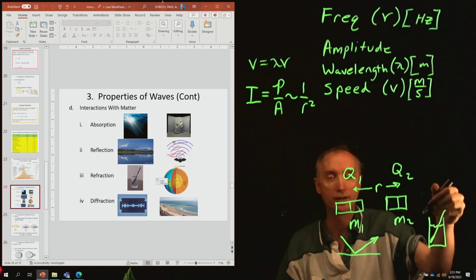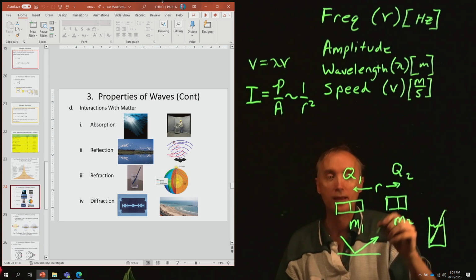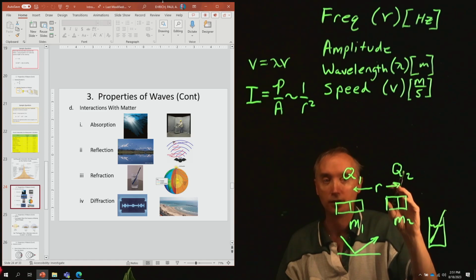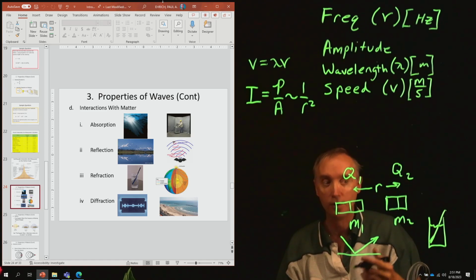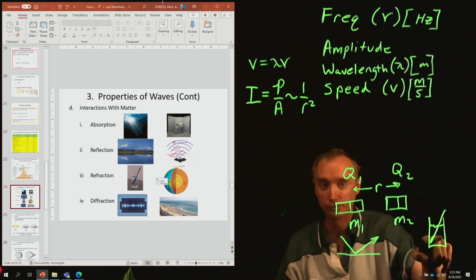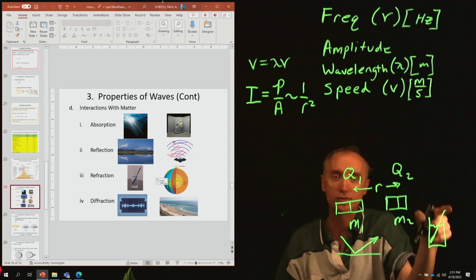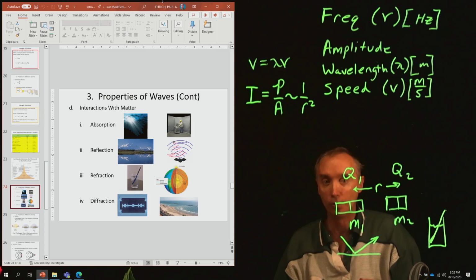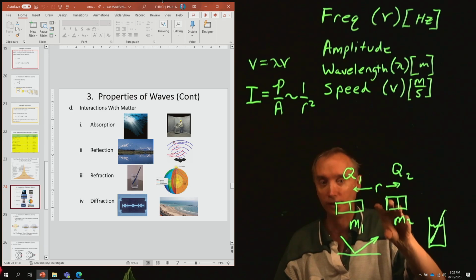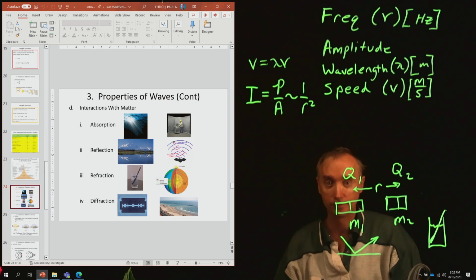It's bending at an odd angle, and that is a result of refraction. It's the bending of a light wave when it's going through the water. The picture next to it shows an earthquake wave bending as it goes through the earth. That would be the refraction of an earthquake wave, and we use that to measure the different layers inside the earth.